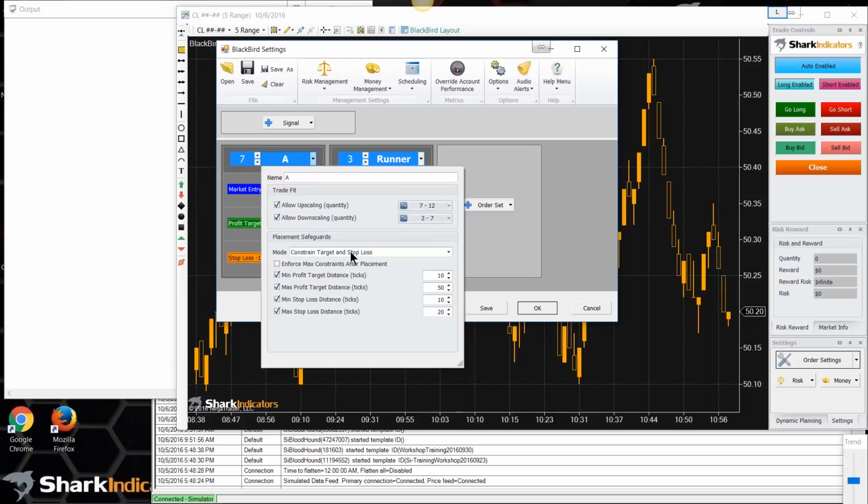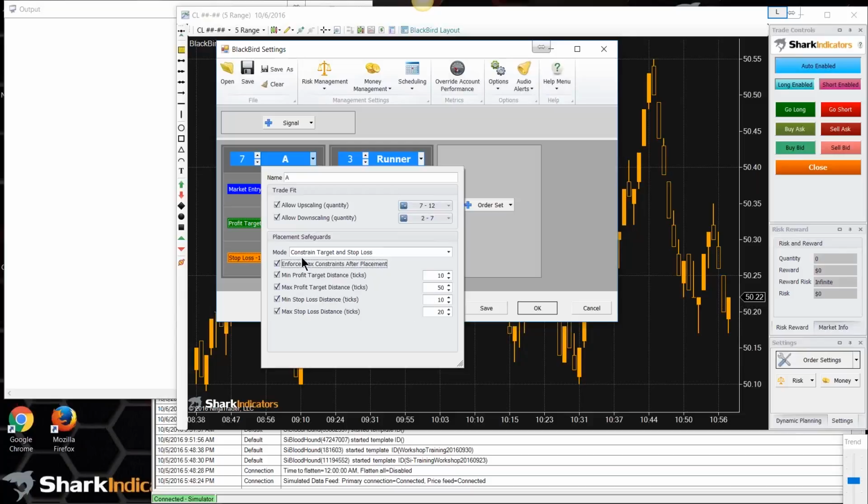Then you have the option, once your profit target and your stop loss are out there and working, to keep enforcing these constraints, but it's only for the maximum constraint. You never want to enforce a minimum stop loss distance, because otherwise your stop loss would never get hit.